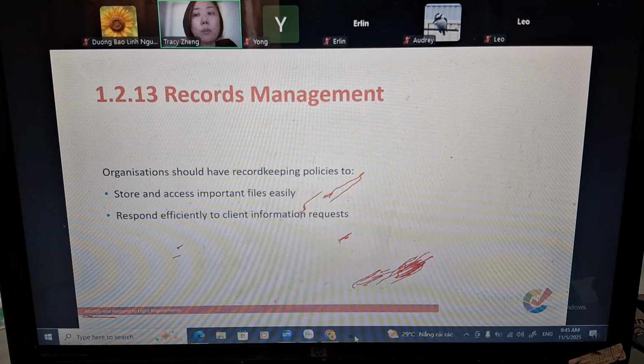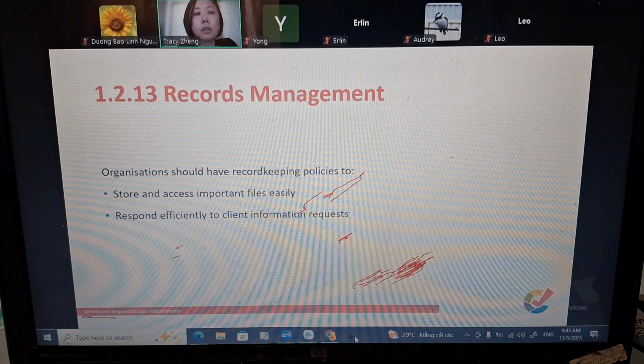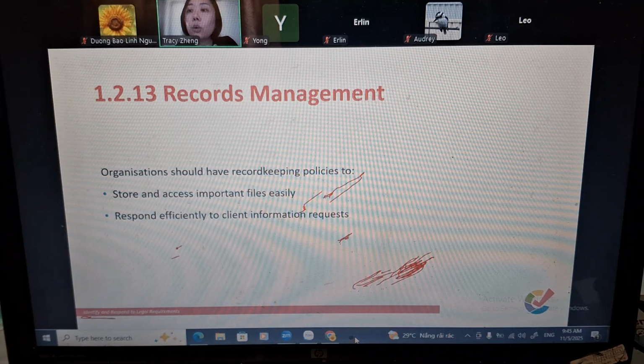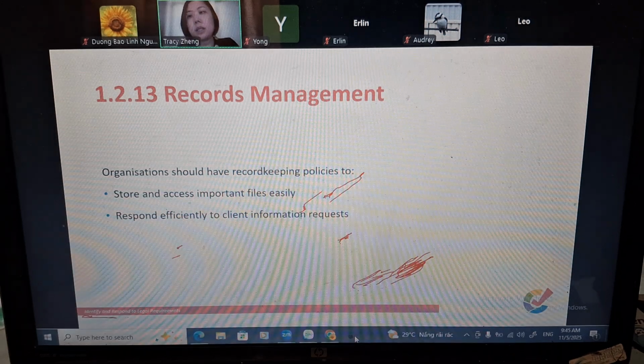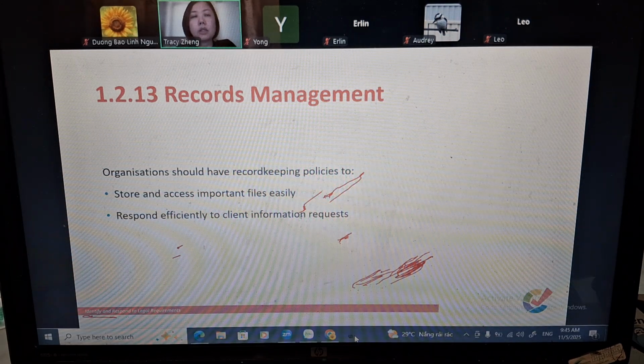Where do we store those records, how long do we need to keep them, and who can have access to them? For example, in an aged care facility, most organizations will keep our clients' records for 5 to 7 years. Right? Depends on your organization.